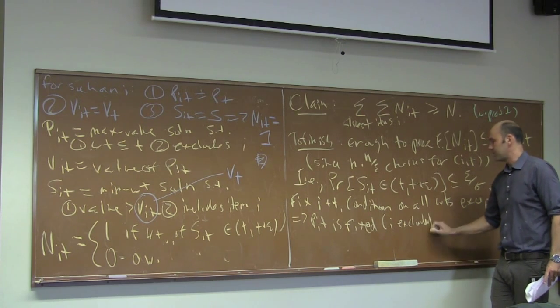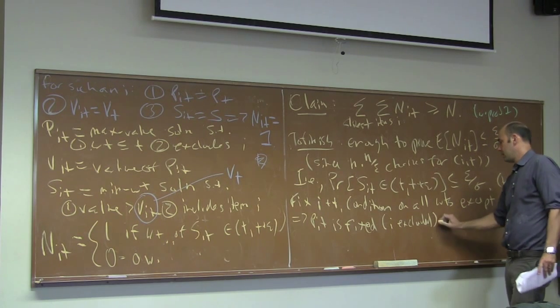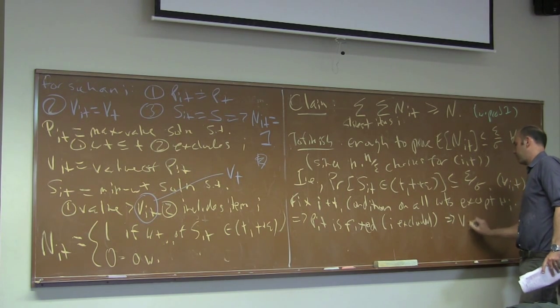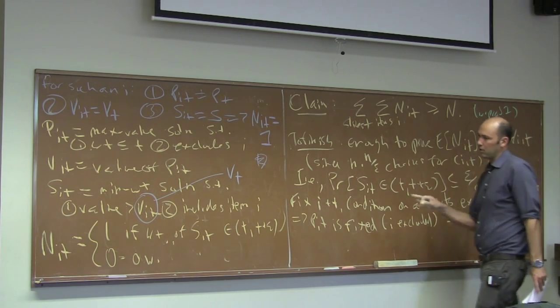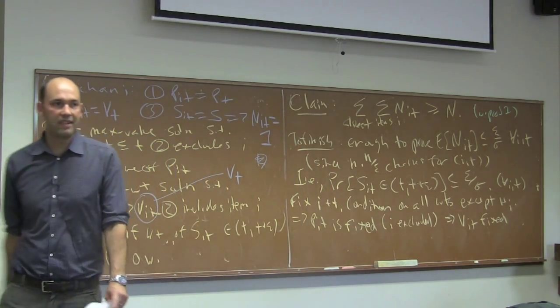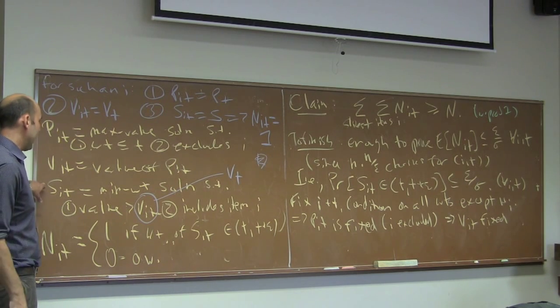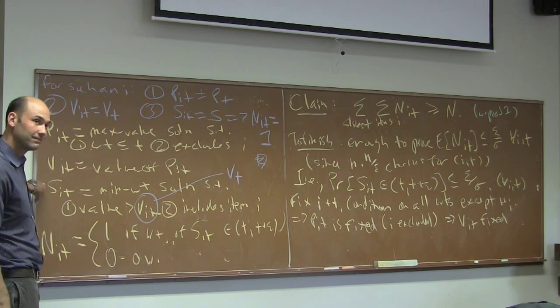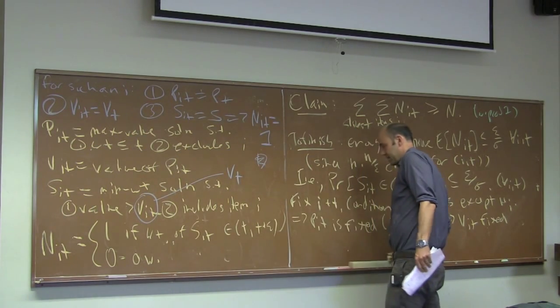The reason we wanted to exclude I is because we wanted these to be just deterministic. And so therefore also VIT is fixed. Okay, so the values are always deterministic, so once you know the items, you know the value. Okay, so P is just a set, V is just a number. Now let's look at SIT, okay? So what do we know about SIT?